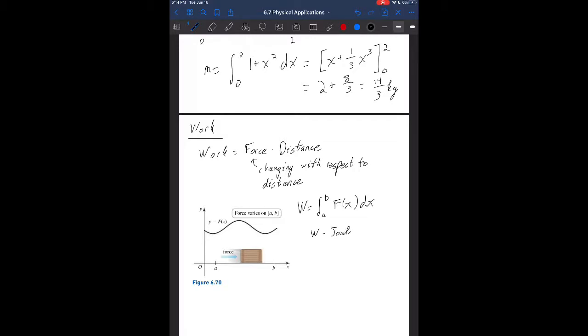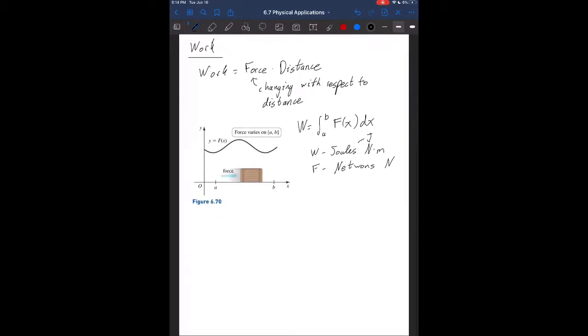Joules as our units, which are Newton meters, and our force units are going to be newtons, which is denoted by N. The joules is denoted by a J. So just make sure you are keeping track that your force is in newtons, but if it is, then your work will be in joules.